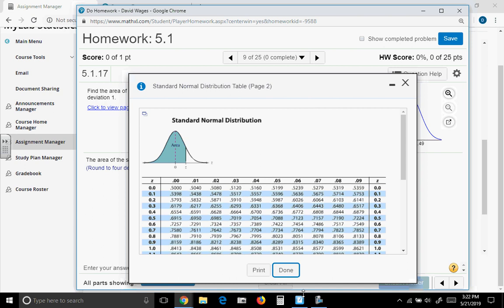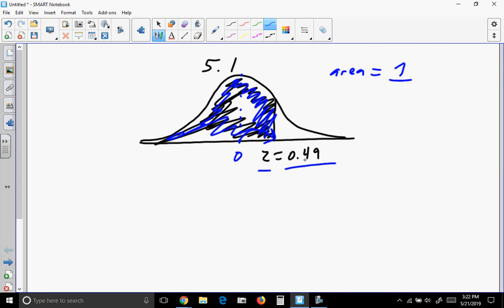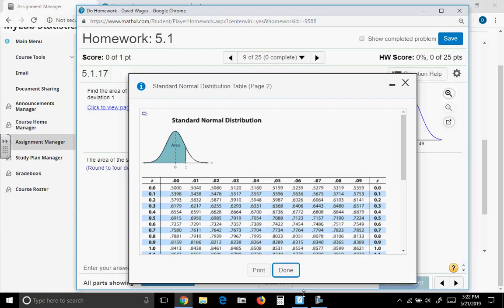So notice on the left side we have numbers to the 10th place. Our z value is 0.49. So we find 0.4 in the first column, and then we follow that row over till we get to the 0.09 column.